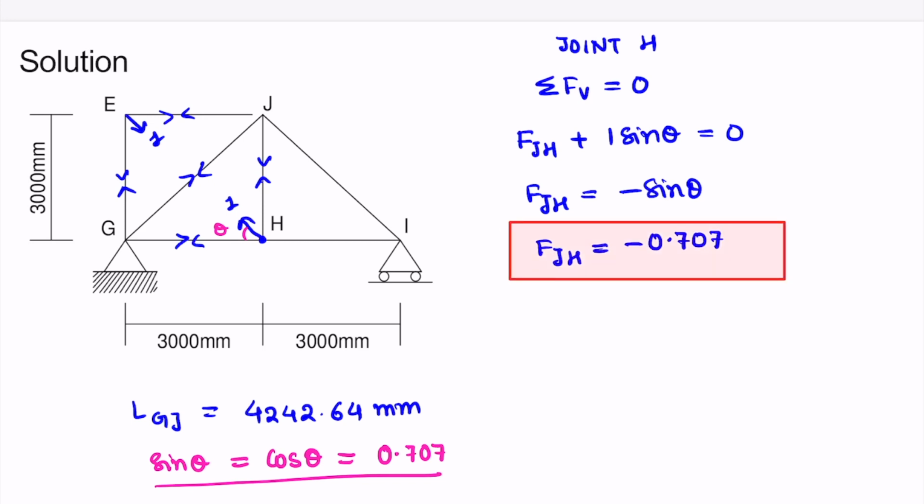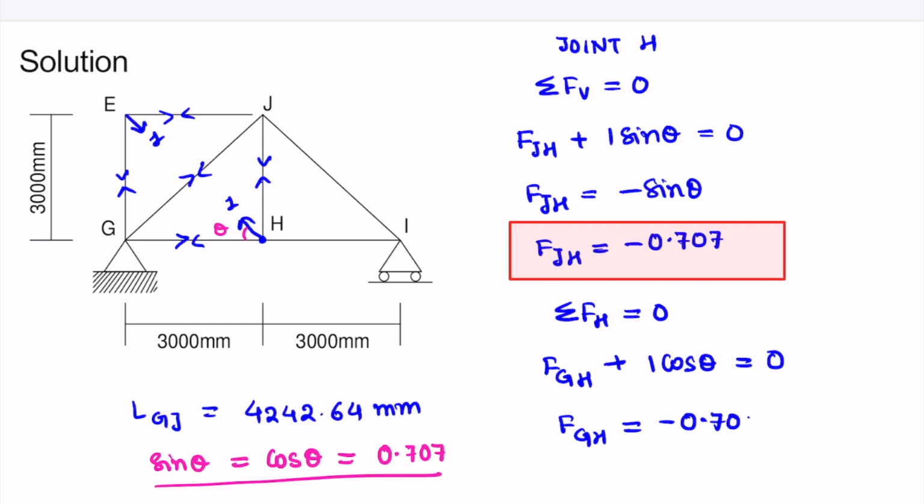Now let's see joint H again. Summation of force in horizontal direction to be 0. So therefore FGH plus 1 cos theta equal to 0. Therefore FGH is equal to minus cos theta, and cos theta is 0.707. So we have calculated FGH also. Now let's calculate the remaining forces.